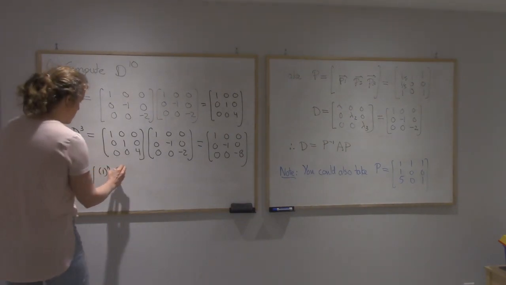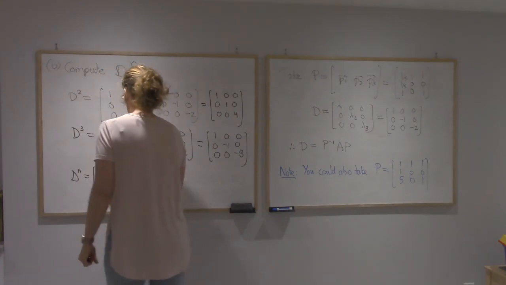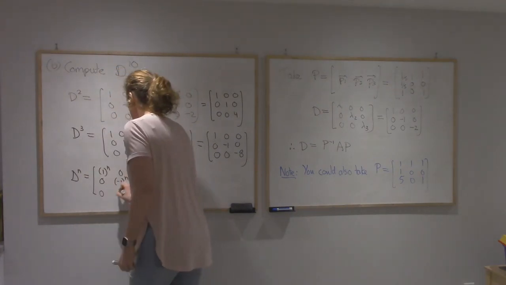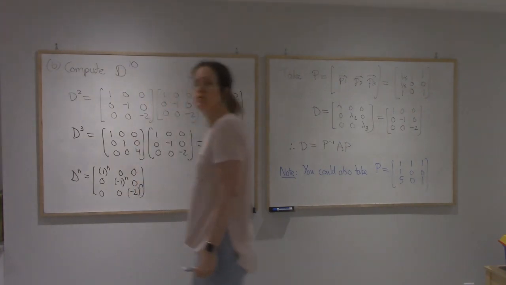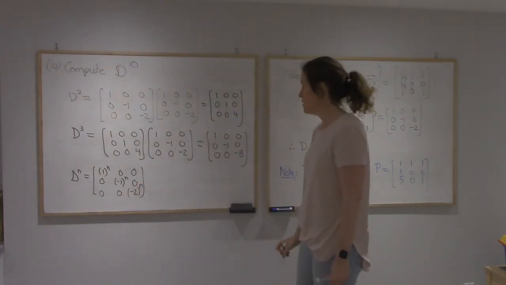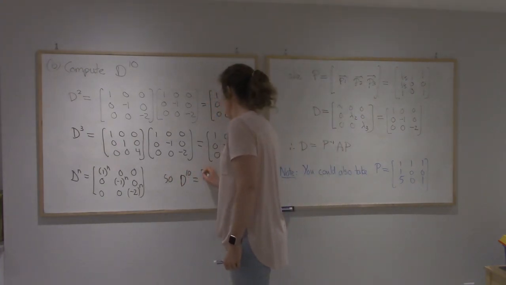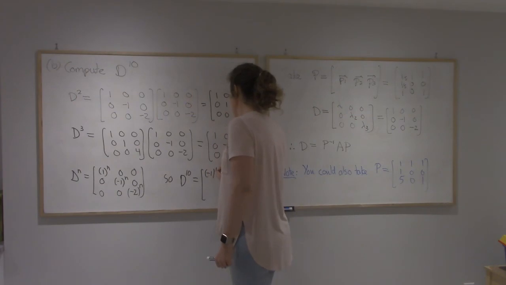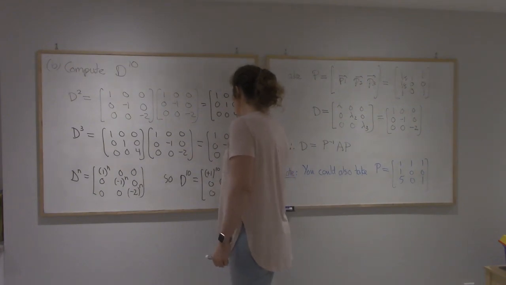I'll just take the diagonal entries and put them to the power n. So D to the 10 is 1 to the 10, minus 1 to the 10, 0, 0, 0, minus 2 to the 10.